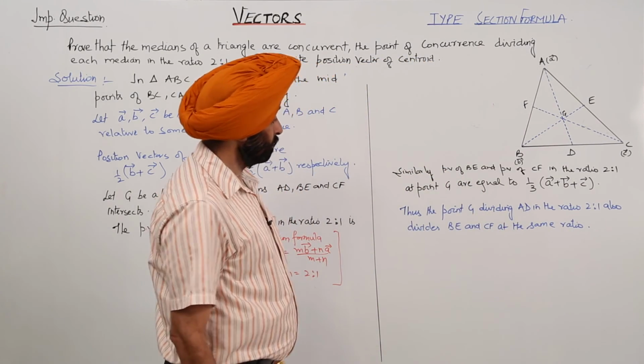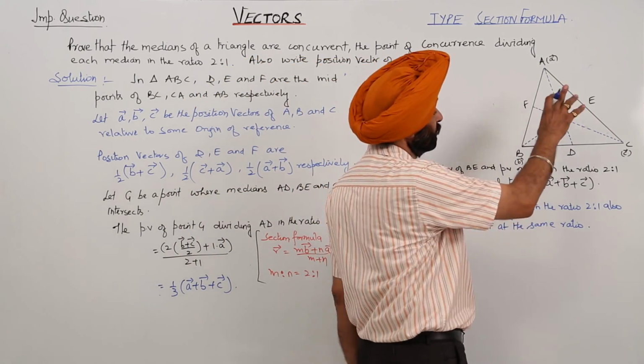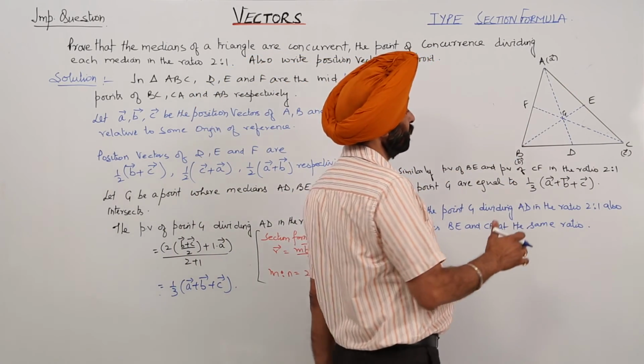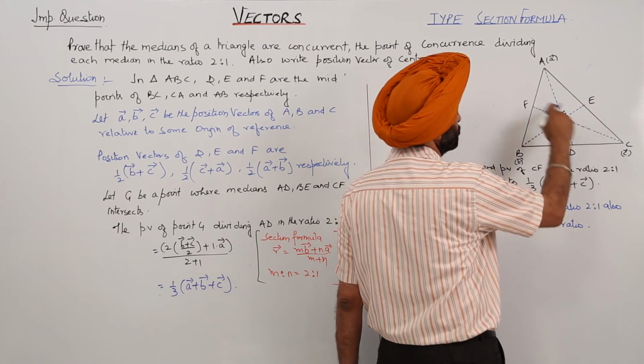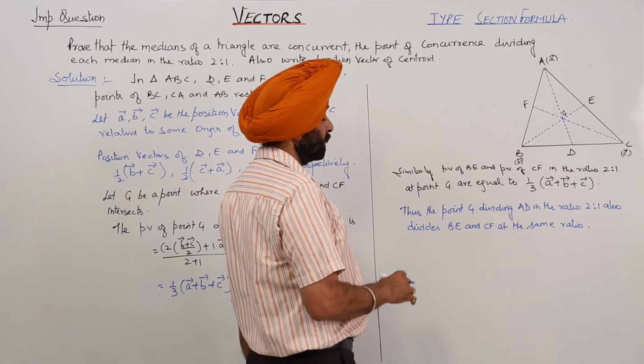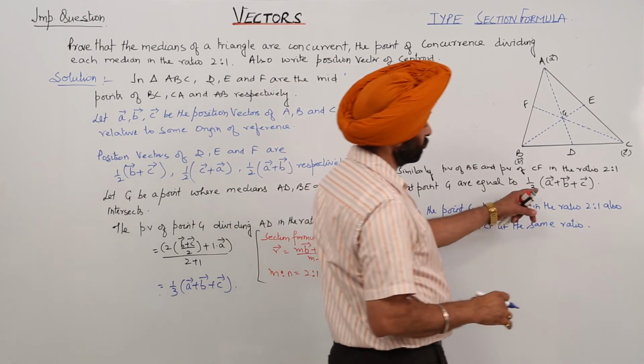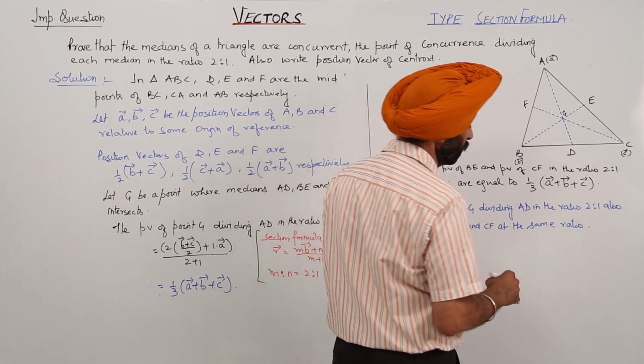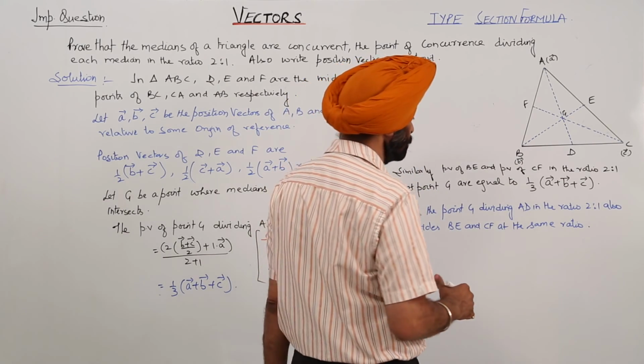Now, we have proved that point G divides AD, BE and CF in the same ratio, and that is 2:1, and the point G is 1 upon 3 in the bracket A plus B plus C.